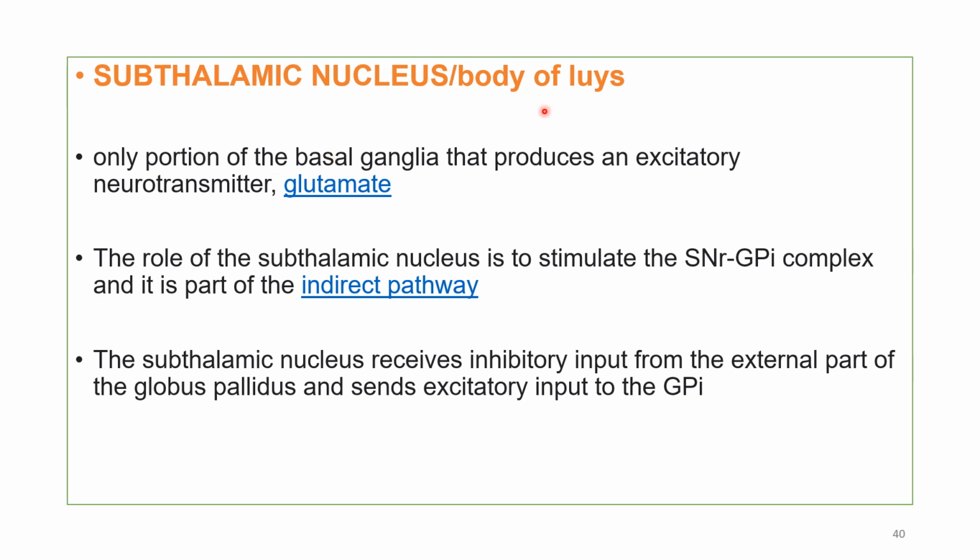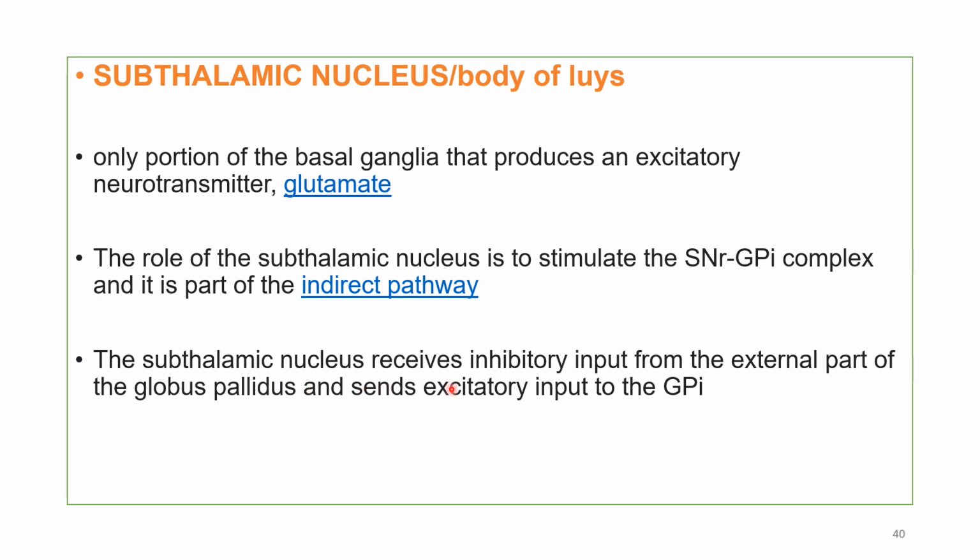This is also called body of Luys. The role of the subthalamic nucleus is to stimulate the substantia nigra pars reticulata and globus pallidus internus complex via the indirect pathway. You have already studied that the subthalamic nucleus is involved in the indirect pathway.